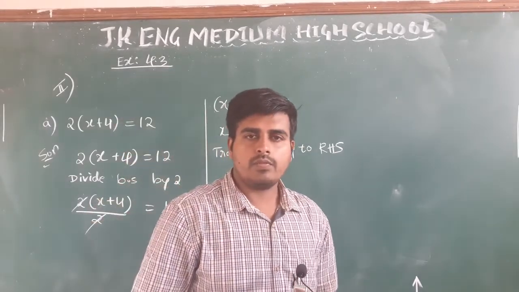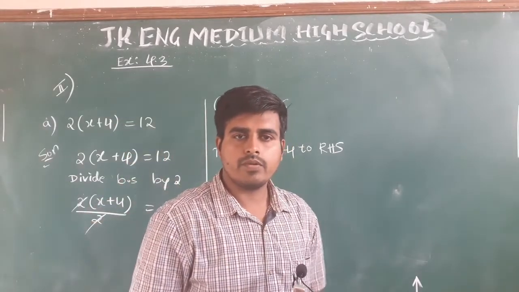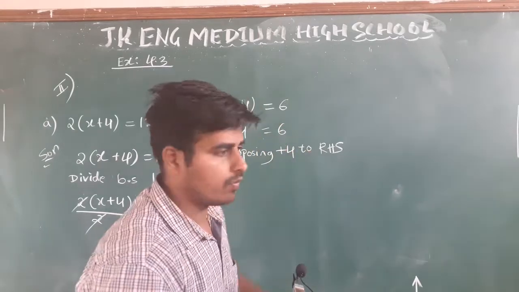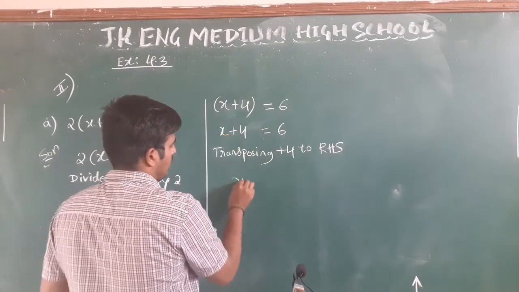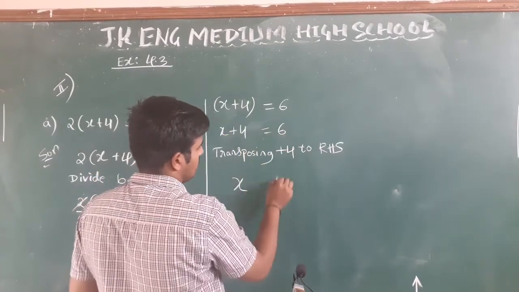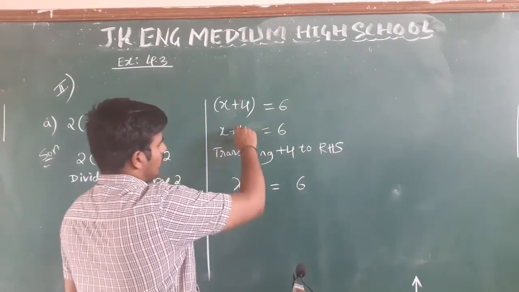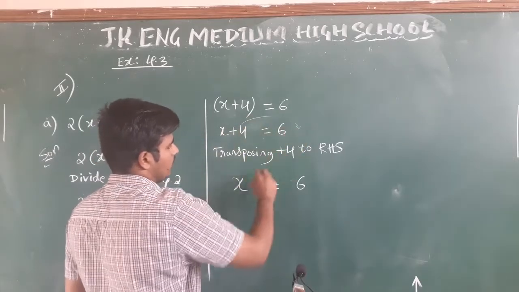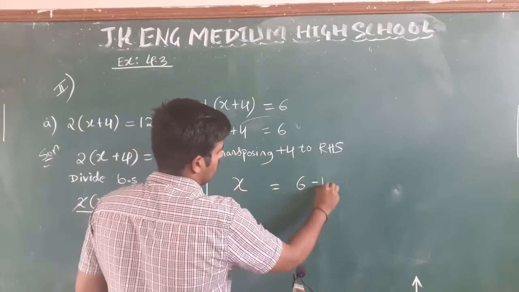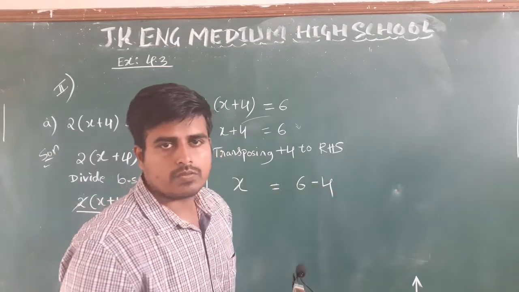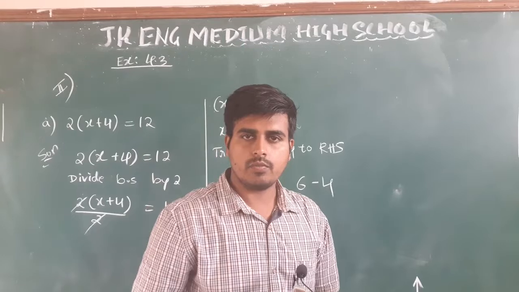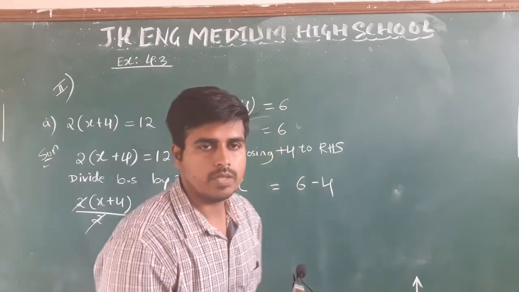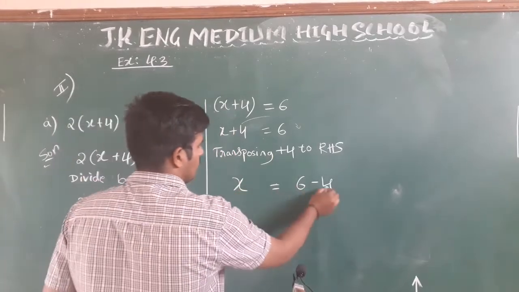What is going to happen with the sign of plus 4? Whenever you move plus 4 from LHS to RHS, it will become minus 4. x remains as it is, the equal sign as it is, 6 as it is. Whenever we transpose a number, its sign is going to be changed. So x is equal to 6 minus 4.